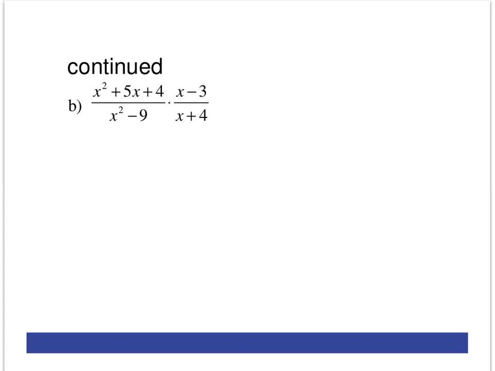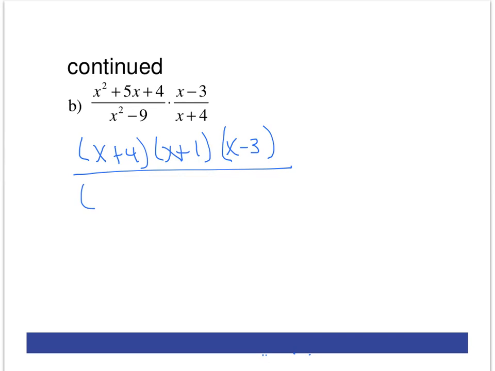So I'm going to factor the numerator, so I'm going to get x plus 4 times x plus 1. And I'm going to go ahead and multiply it times that x minus 3 over x plus 3, x minus 3 times x plus 4.